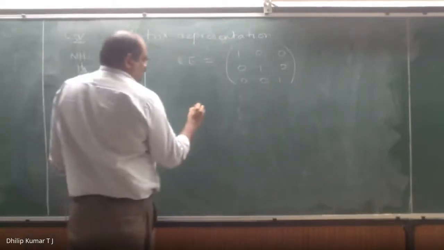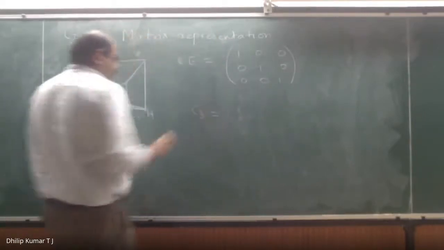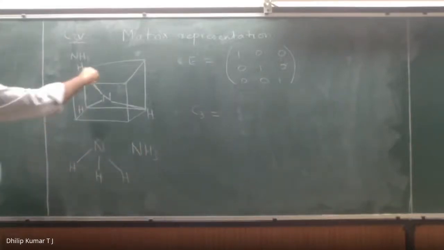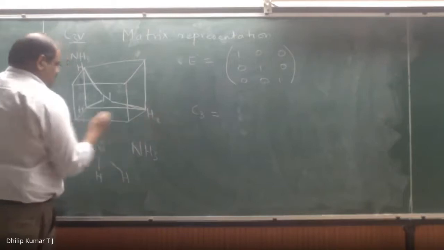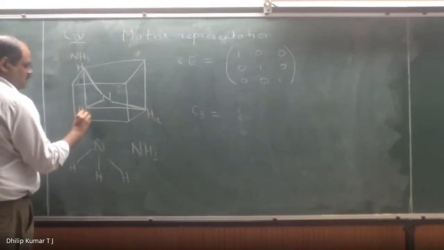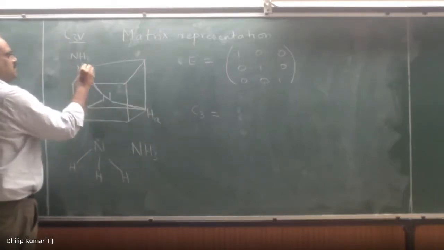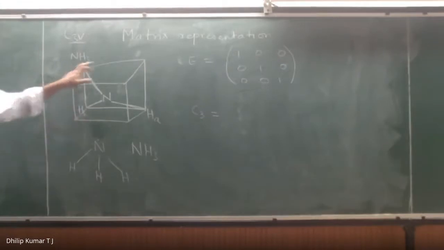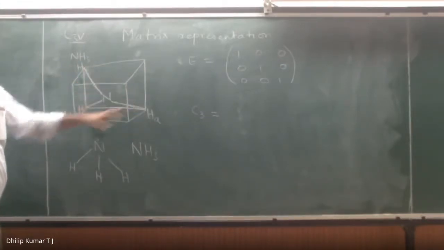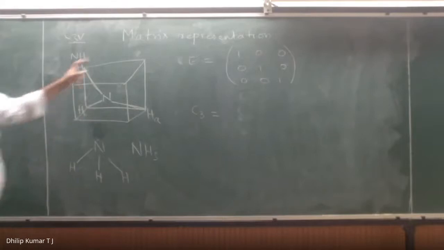Let's do it for C3. When I rotate by C3, I call the atoms HA, HB, and HC. If you rotate it, HA will come to here, HB will go here, and HC will come here. So there is a position change of the H atoms.